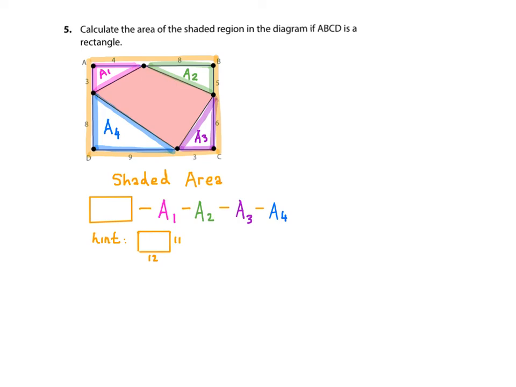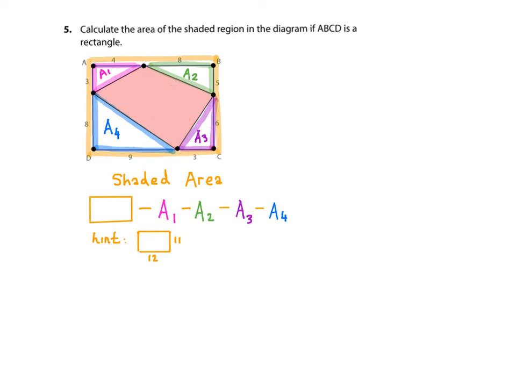So the only way to do this problem is to say, if you took the total area, so say for example this was an A4 piece of paper turned on its side, and we want to make this little pink shape here, you would simply cut off this triangle, you would cut off that triangle, you would cut off that triangle, and you would cut off that triangle, which would leave you with this pink shape here.